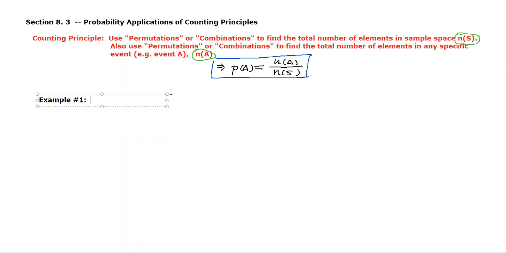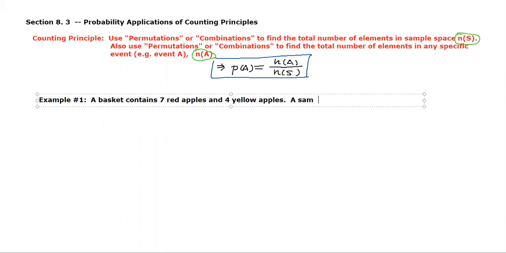For example number 1, the situation is a basket. This basket contains 7 red apples and 4 yellow apples. Now a sample of 3 apples is drawn.